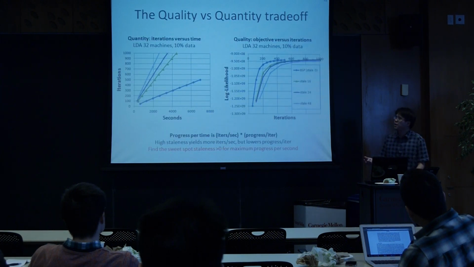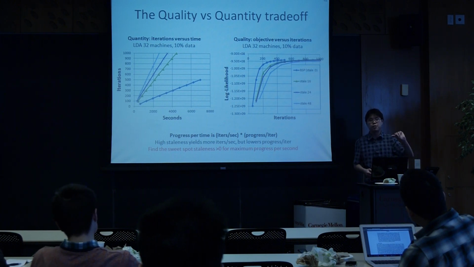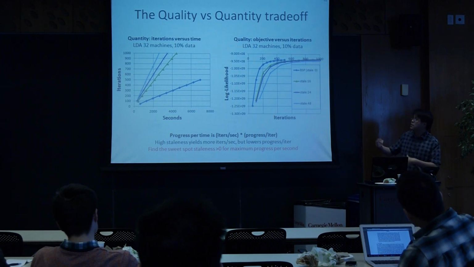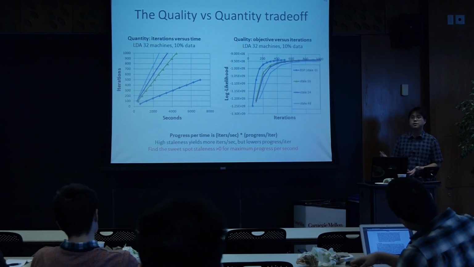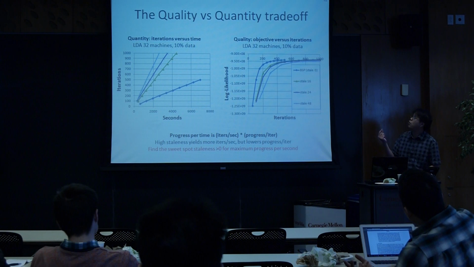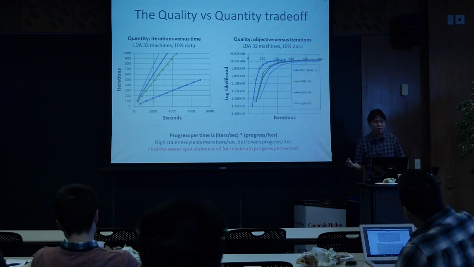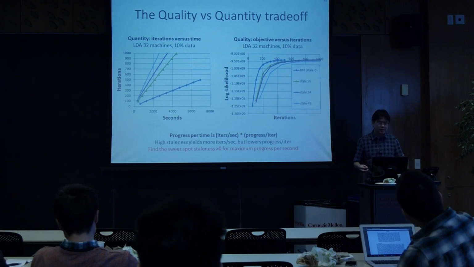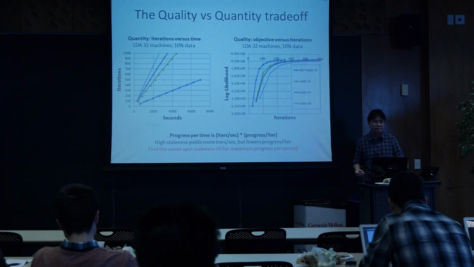So to understand a little bit about that series of bars I showed, where the ratio of network to compute time is shrinking from 6:1 to 1:1, you have to understand that with stale synchronous parallel, the staleness knob is essentially a quality versus quantity trade-off. What makes a machine learning algorithm converge fast is basically the number of iterations you execute per second, times the amount of progress you make per iteration.